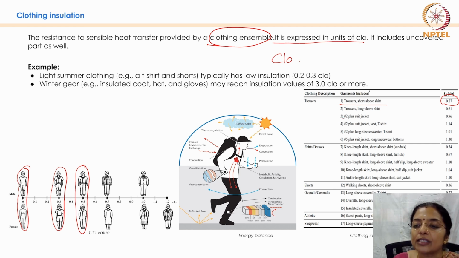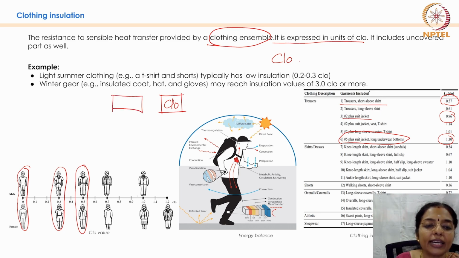A two-piece suit jacket would mean a clo of 0.96, and a suit jacket with long underwear bottoms would mean a clo of 1.3. Like this, for every clothing level, there are various values which are measured in clo. So you decide what MET and clo you are going to use for assessing thermal comfort.